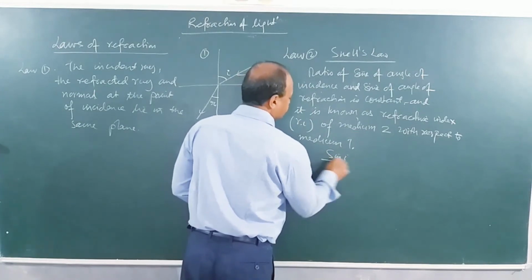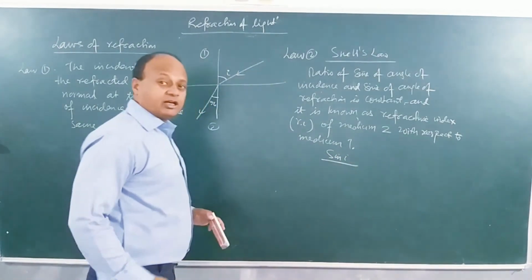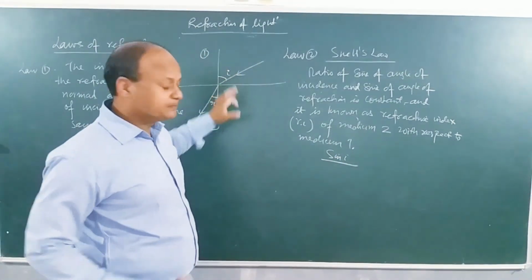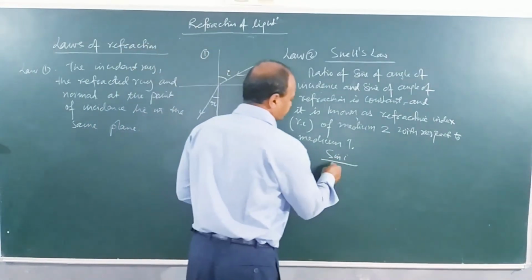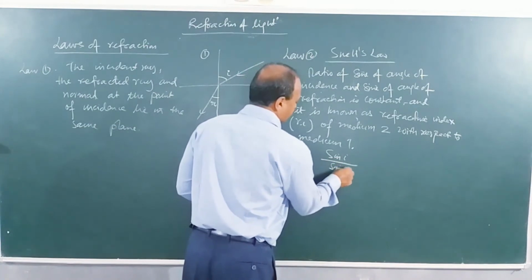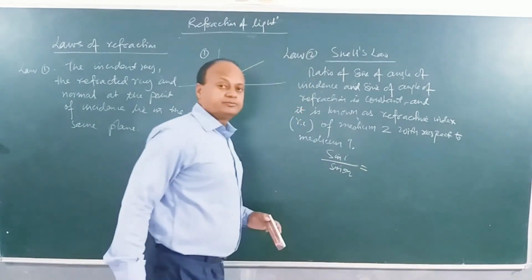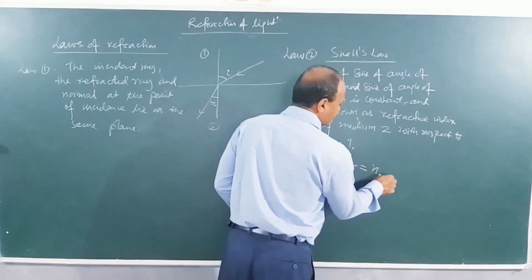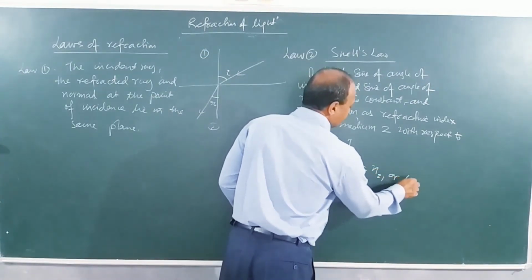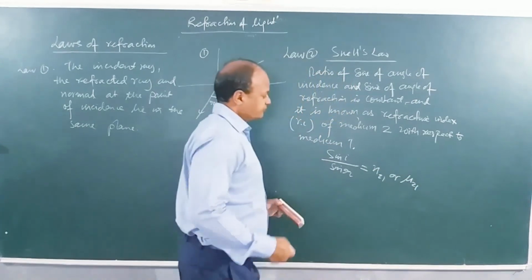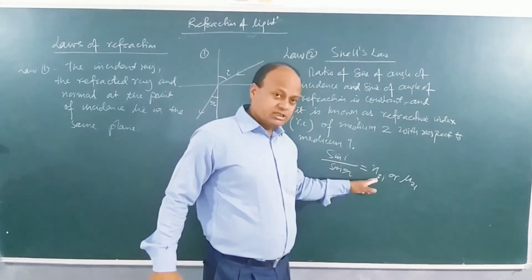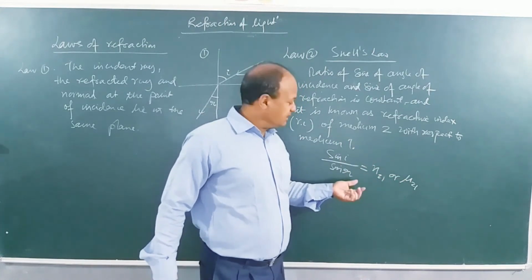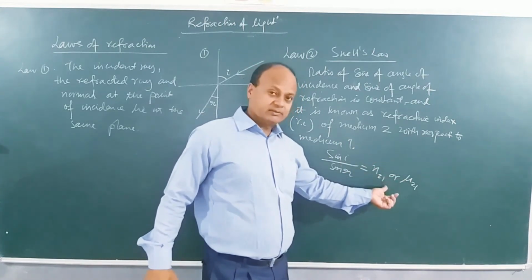That means sine I, sine of angle of incidence, divided by sine of R equals n21 or mu21. Now this n I can use as mu, but in class 10 you can use just n21, right?